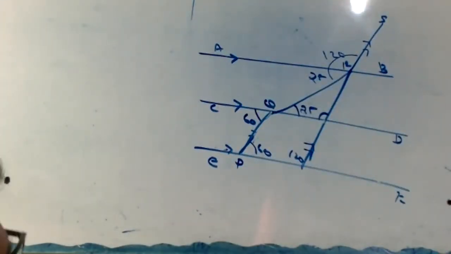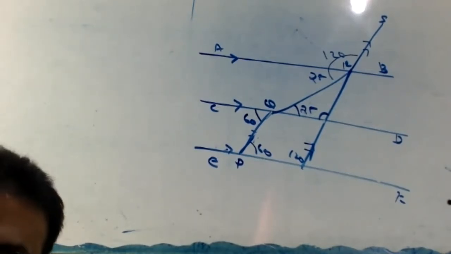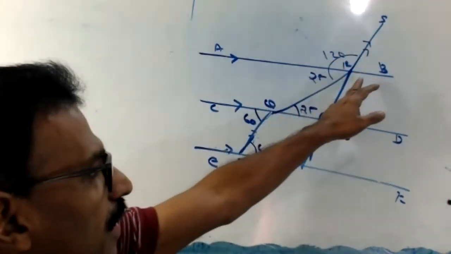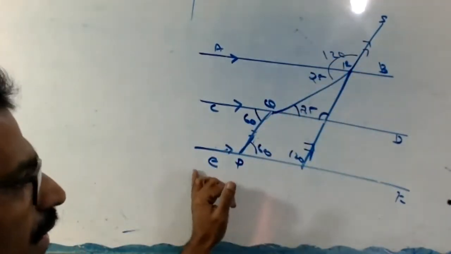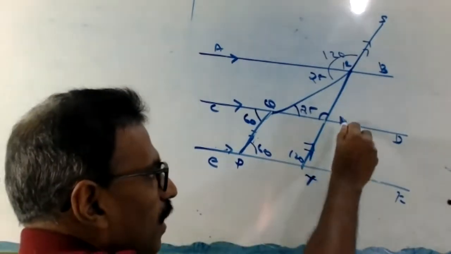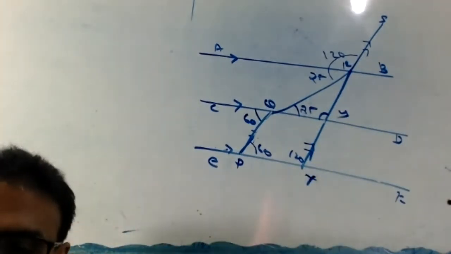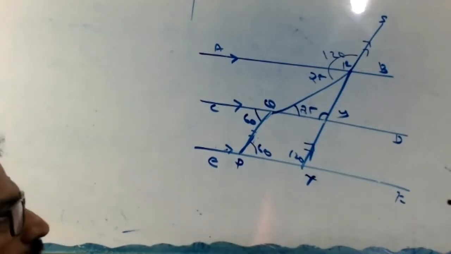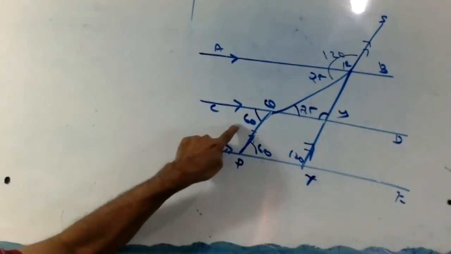Once again, look here. I'll tell you the note. Produce SR to intersect EF at Y, and let the other point be X. Then here 60.